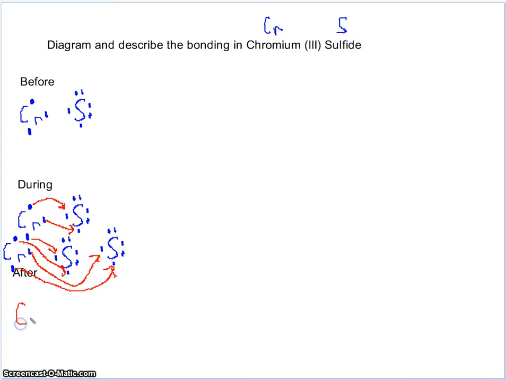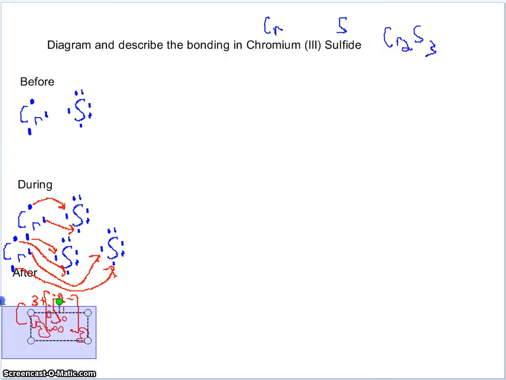So then I'd be left with Cr. It's lost 3 electrons, so it's now a 3+. And then the sulfur is a 2-, but it's got all 8 electrons. And there are 2 chromiums and 3 sulfurs. So the actual formula for this would be Cr2S3, like that.